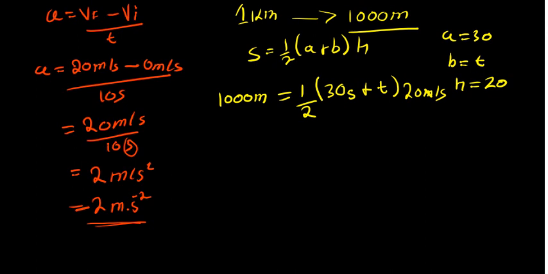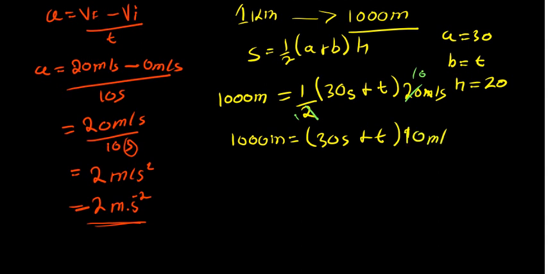Here you can make your work simple. Divide 2 into 2 is 1, 2 into the 20 is 10. So you're going to have 1000 meters is equal to 30 seconds plus t, multiplied by the 10 meters per second.